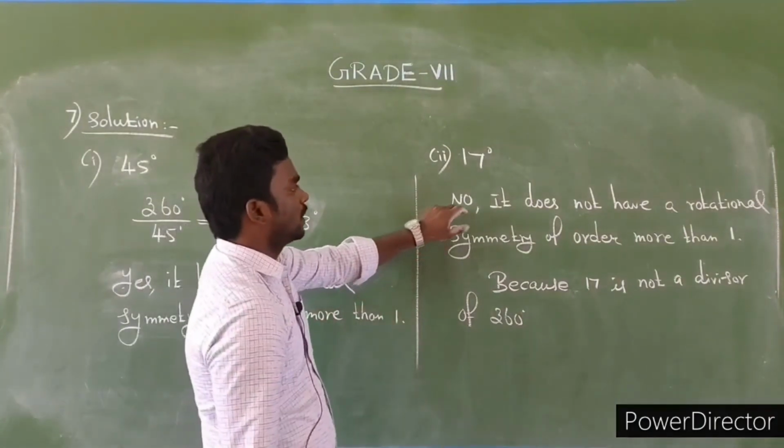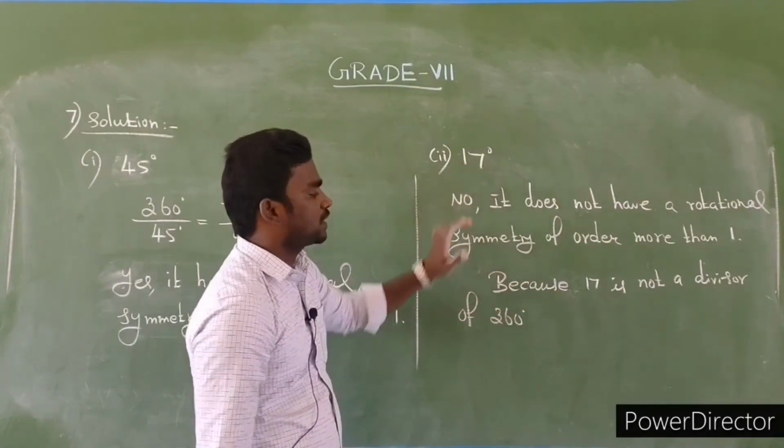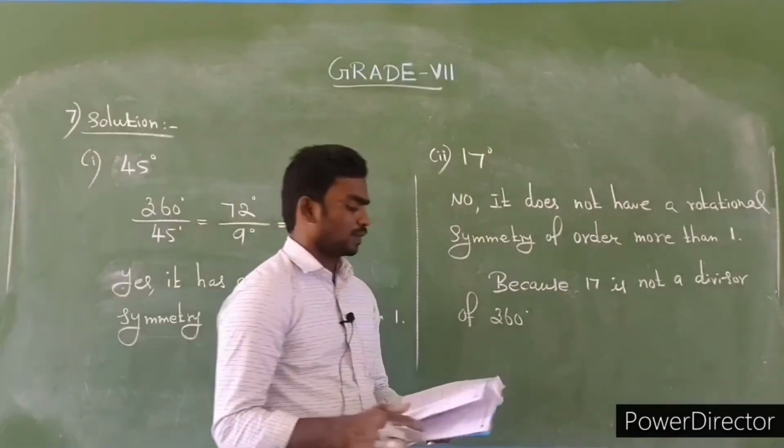But for the second question, no, it does not, because 70 is not a divisor of 360 degrees.